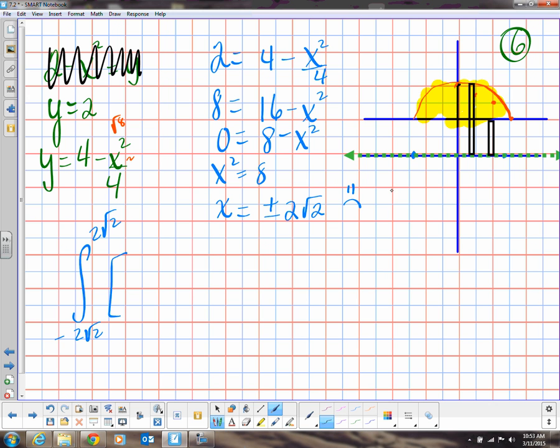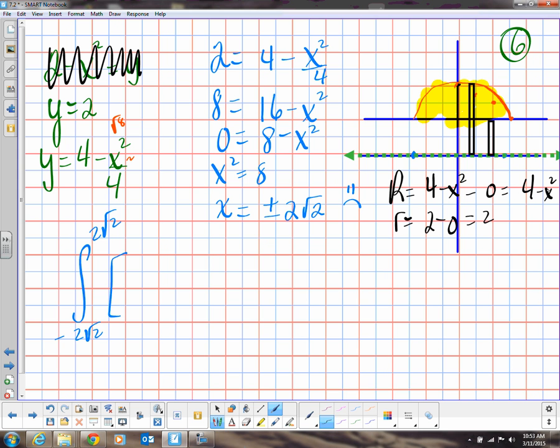So what's my large R? Top, 4 minus x squared, minus the bottom. Oh, yeah, it is. So this is going to be 4 minus x squared. So that's large R. What's my little r? What's the top minus the bottom?